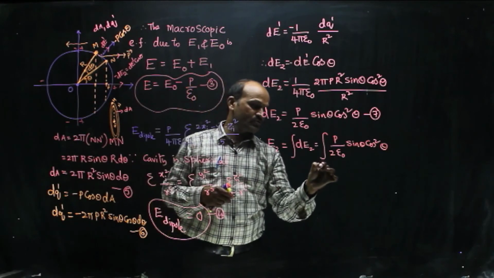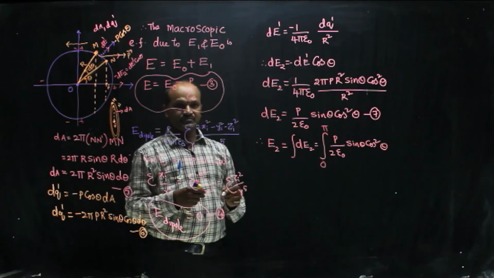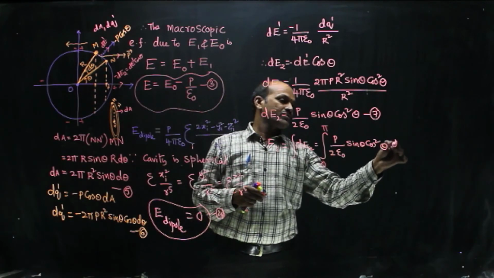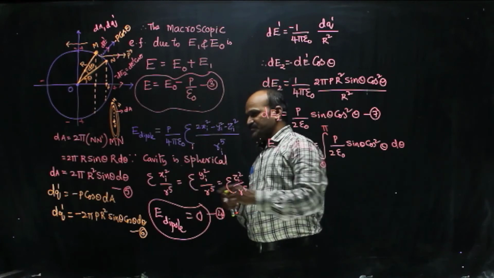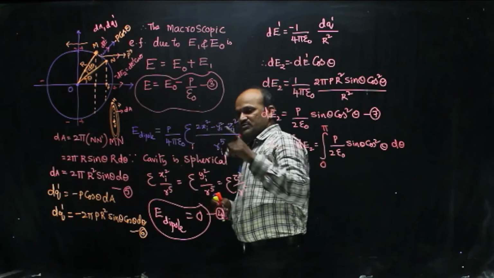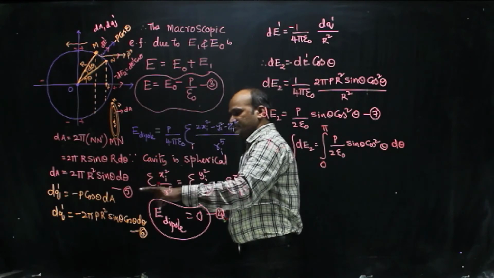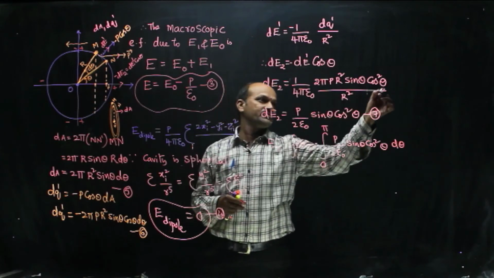Simple thing, 0 to 180, that is 0 to pi, d theta. Somewhere we substituted dA, dq, P r square sin theta d theta, as we got here.